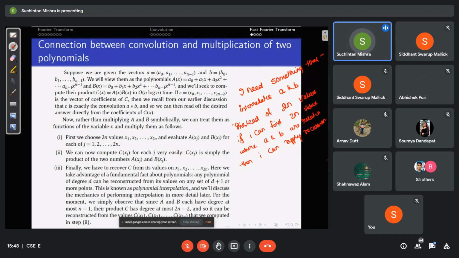Because the same 2n values I will apply for A, the same 2n values I will apply for B.